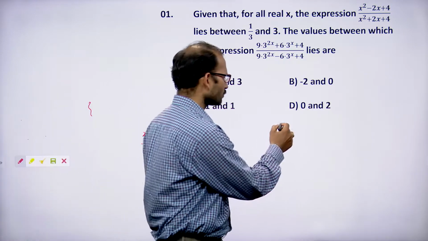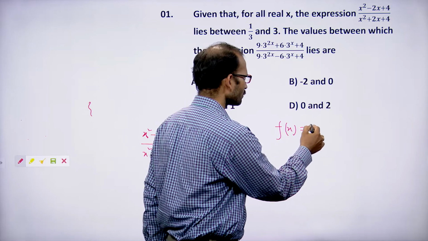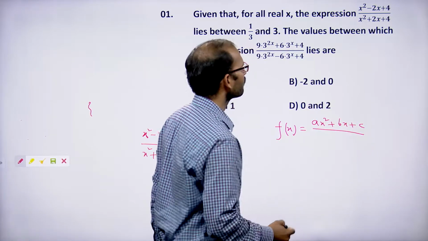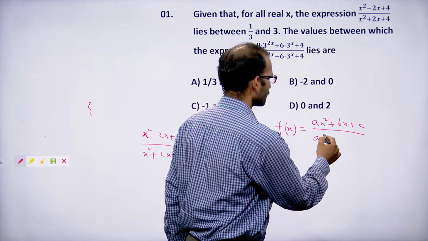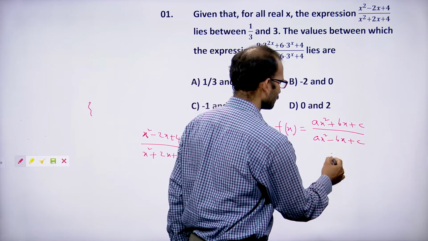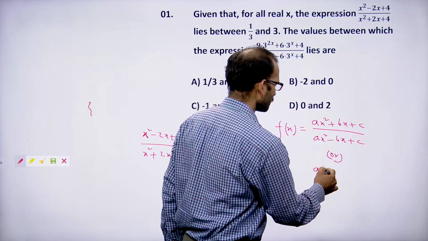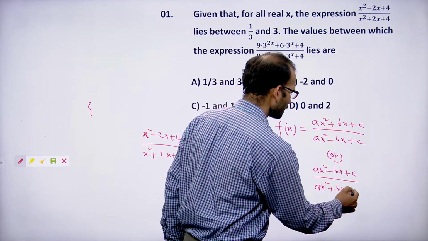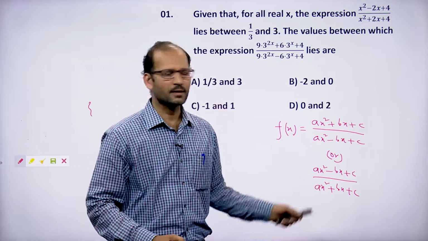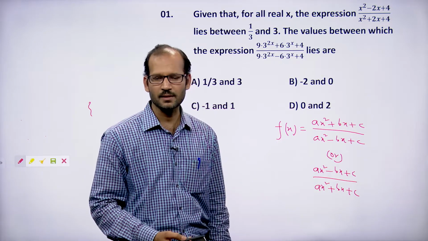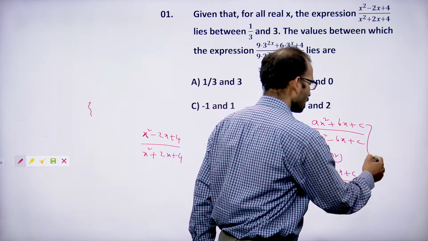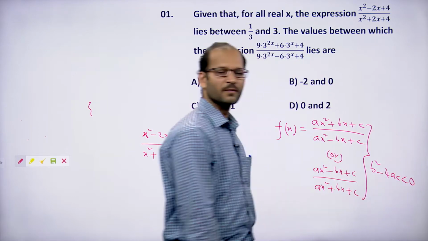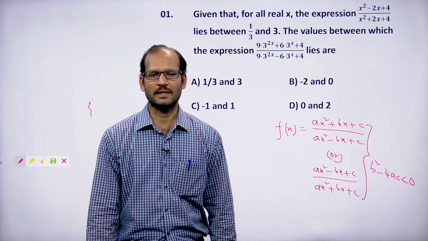Let us take that expression f of x equals ax square plus bx plus c by ax square minus bx plus c, or ax square minus bx plus c by ax square plus bx plus c. Either f of x is in this form or in this form, and in both cases b square minus 4ac is less than 0, the discriminant is less than 0.